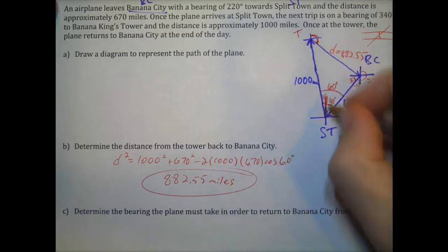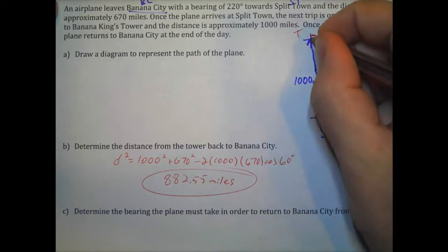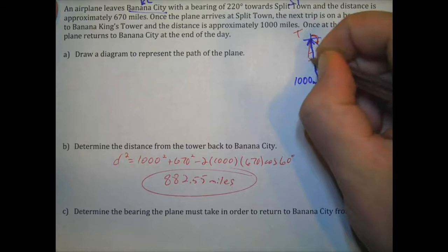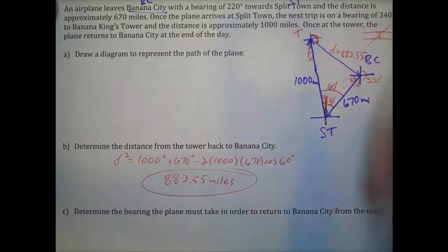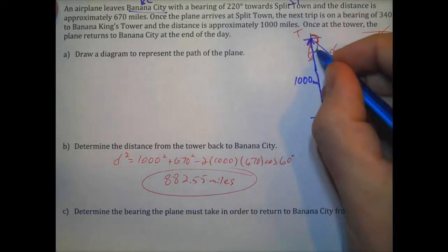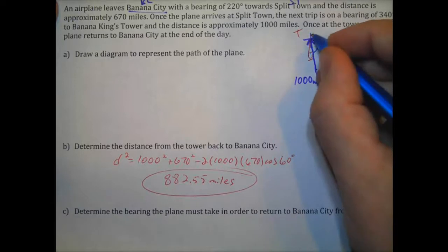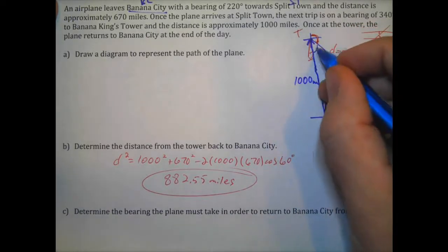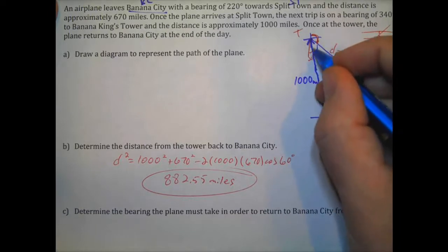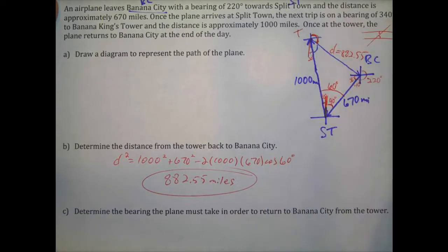I knew that this angle down here was 20, so this angle inside there is also 20. It'd be nice if we knew that angle right there, because this angle plus the interior angle of the triangle plus my bearing would be 180 degrees. I know that one, so if I figure out this one, then I can take both of these away from 180 and figure out what my bearing is.